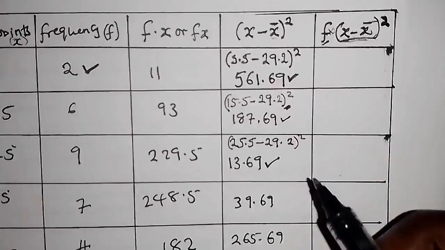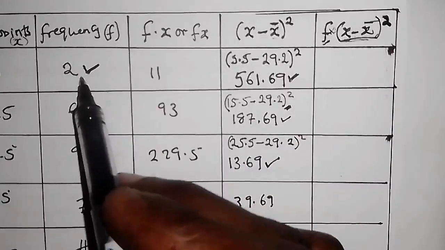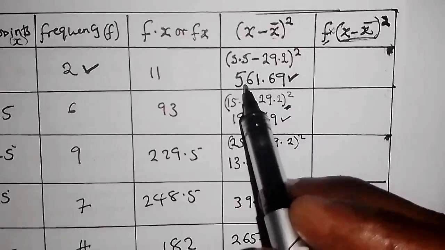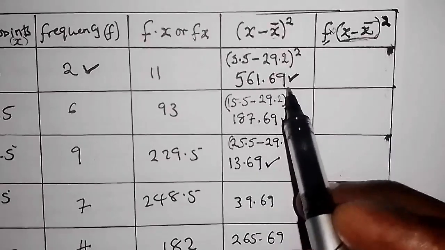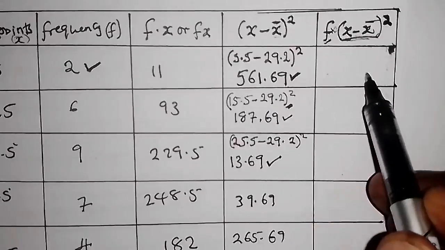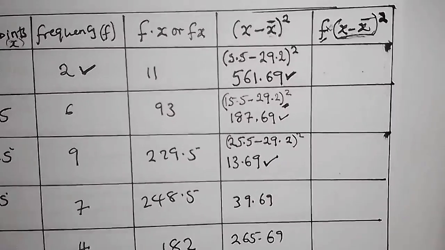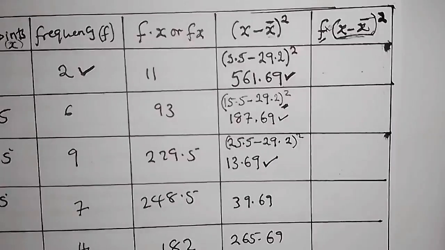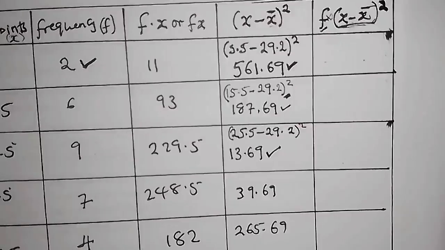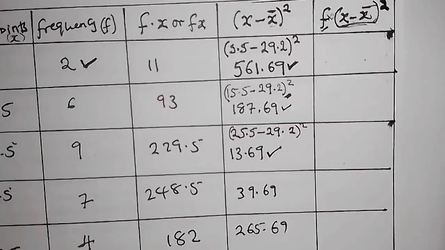So just say 2 multiplied by 561.69. You write the number there. For me, I've done that in advance, so you can just confirm if you will be able to get the correct numbers.